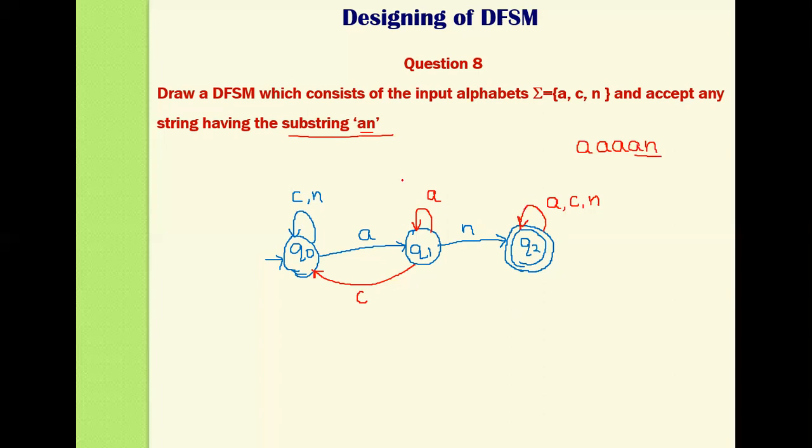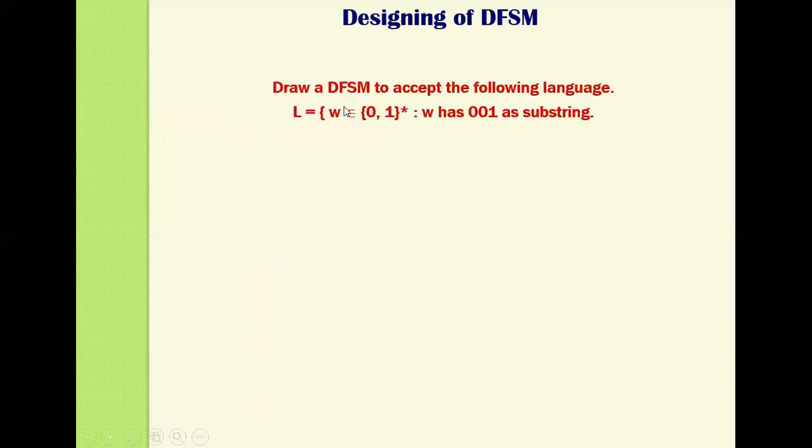Now I will go with the next question. Draw a DFSM to accept the following language. L is equal to W, which is a string containing any number of zeros and ones, where W has 001 as a substring. Accordingly, I have 001, 001, 001.